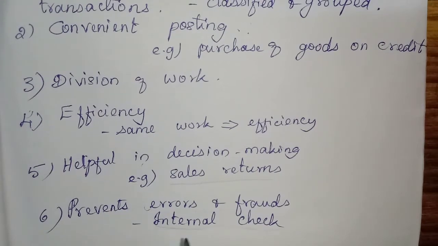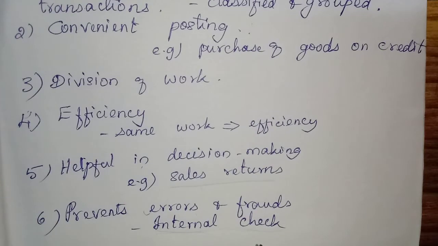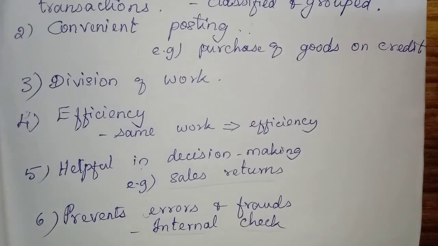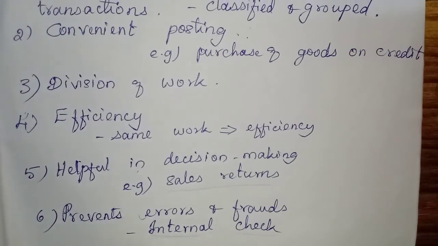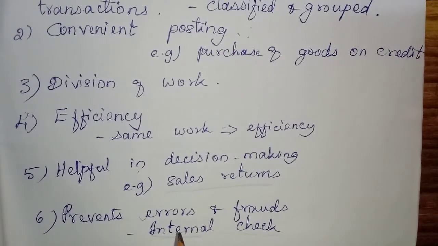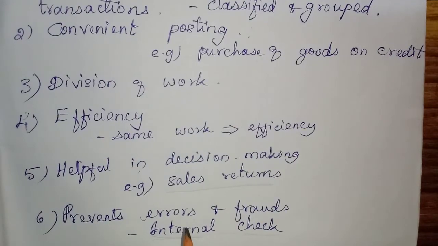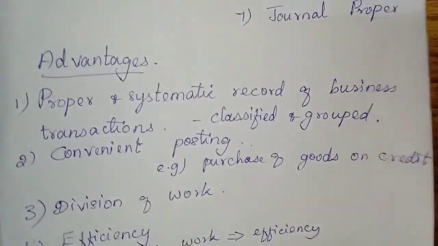Every person in the accounts department does one work. So the first person's work is automatically checked by the second person. So any error or fraud can be detected easily in this system of recording, that means by preparing the subsidiary books.